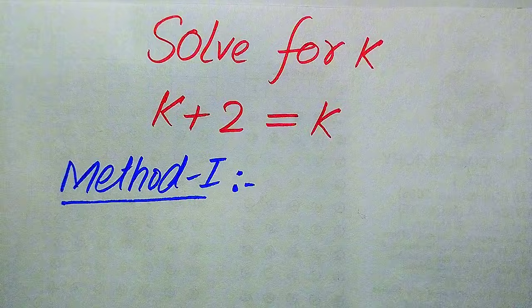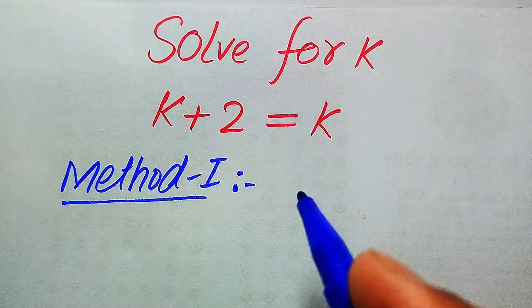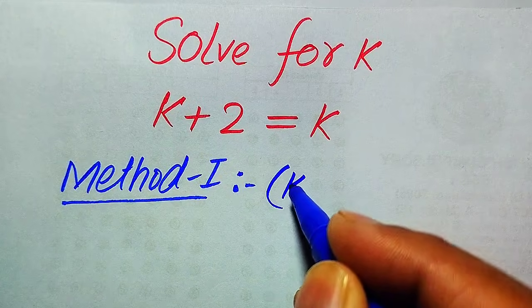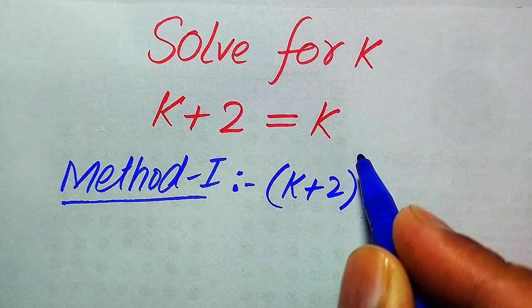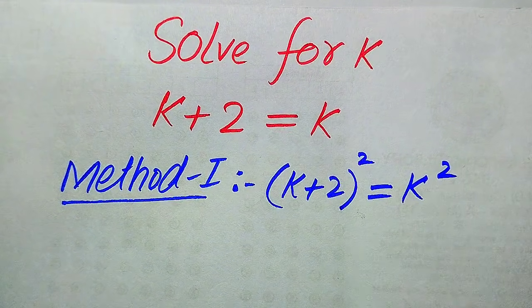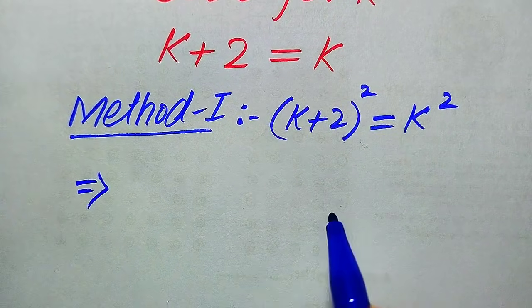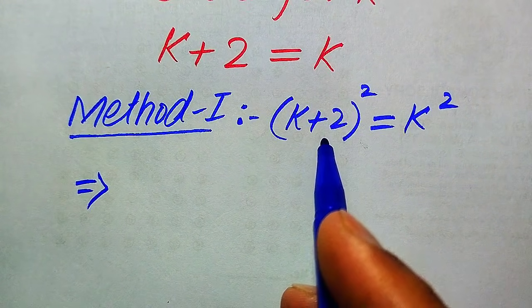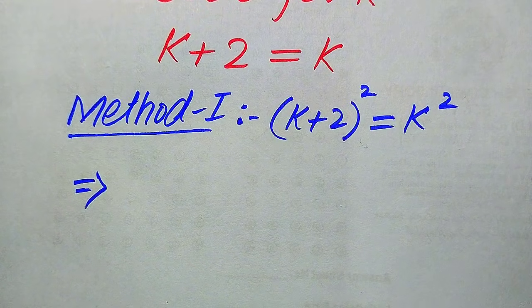Now we move towards the solution of this problem. In this method we first need to square both sides, so it will be written as (k+2)² = k². Further, in the next step we need to use a nice algebraic formula on the left hand side.